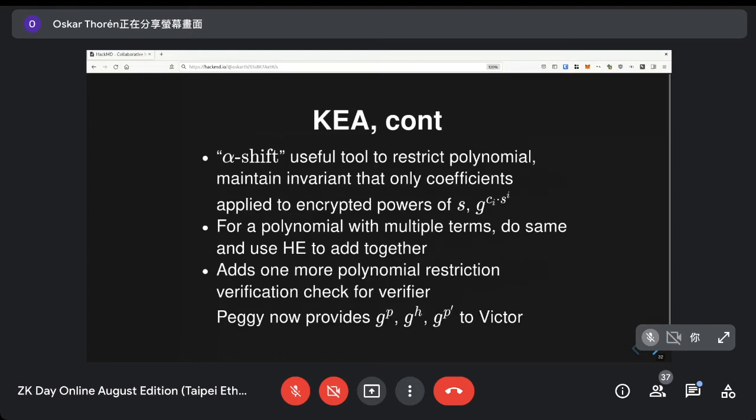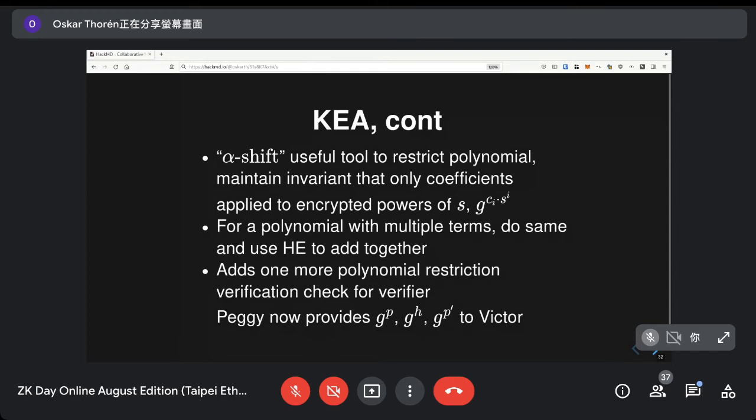This alpha shift is a useful tool in terms of restricting polynomials and maintaining the invariant that we are only applying coefficients to the encrypted powers of s. So g to the power of the coefficient times s for each term. And if you have polynomials with multiple terms, you do the same thing, and then you use homomorphic encryption to add them together.